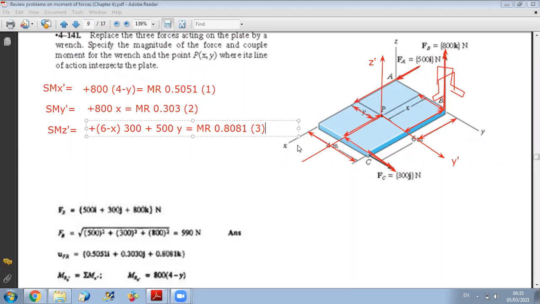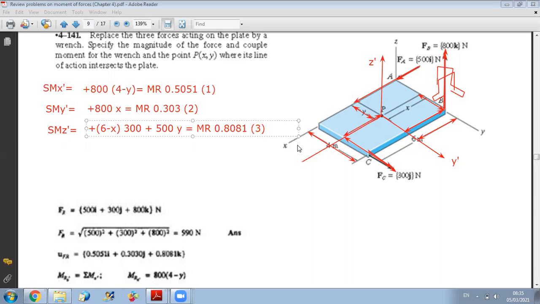To have a wrench, the force and the moment are parallel. How will you use this information? If you want, you are saying to reduce at A first and then move your force. First, we used to reduce everything at A and then find X and find Y, if you remember.